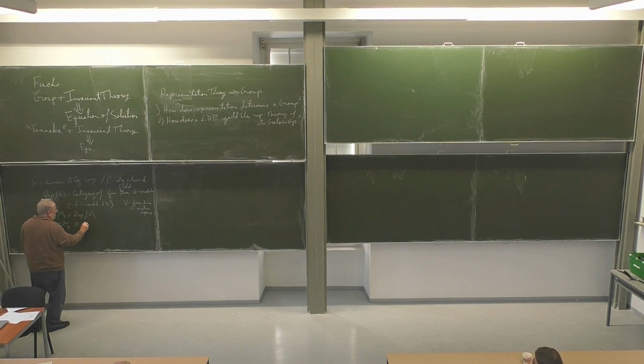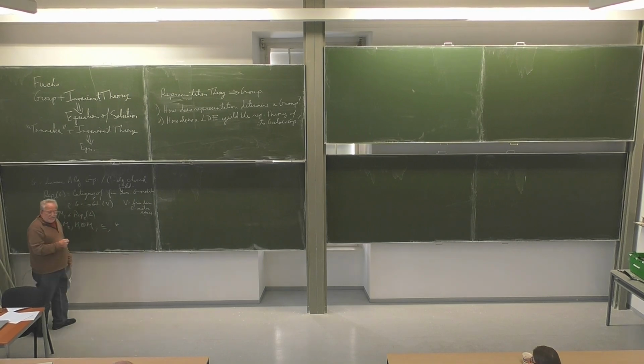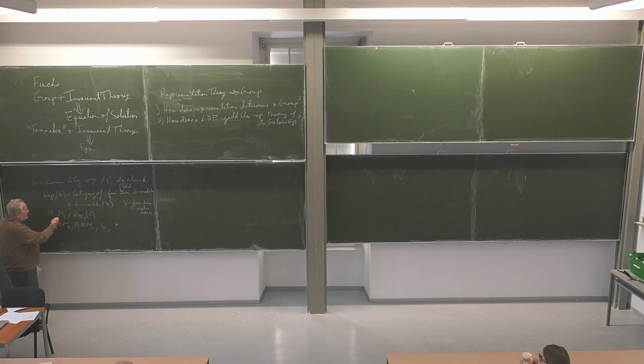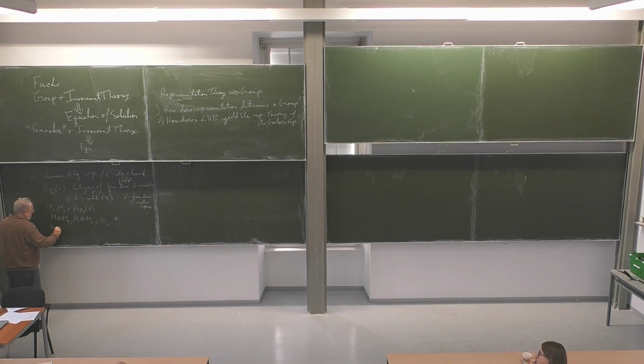I can form tensor products. I can think of sub-objects. I can take duals. Okay? So the objects are these things. The morphisms are linear maps that preserve the group action.